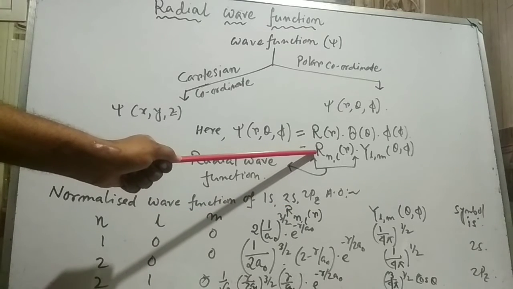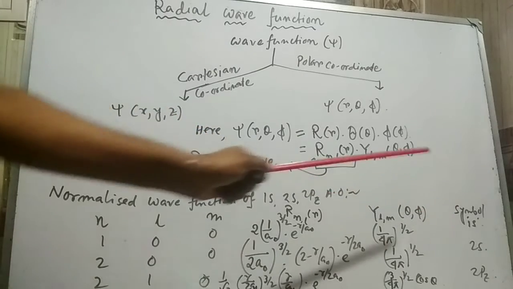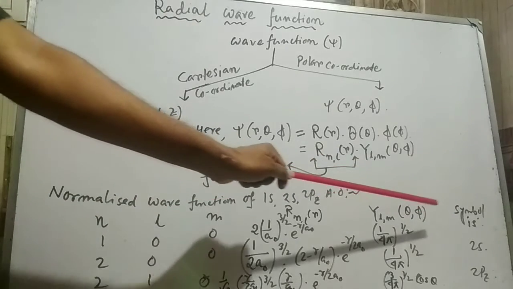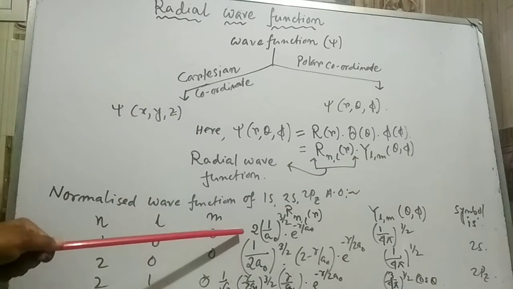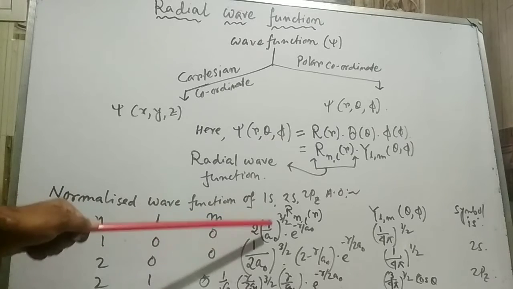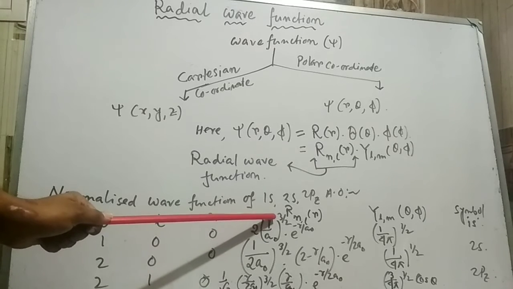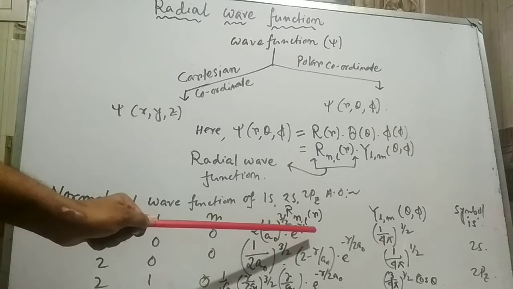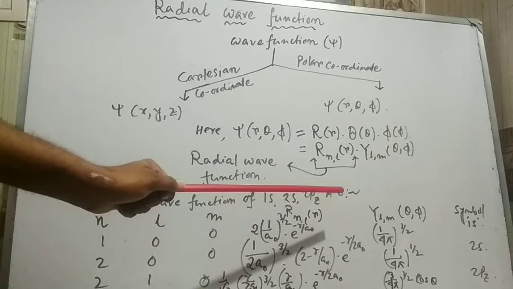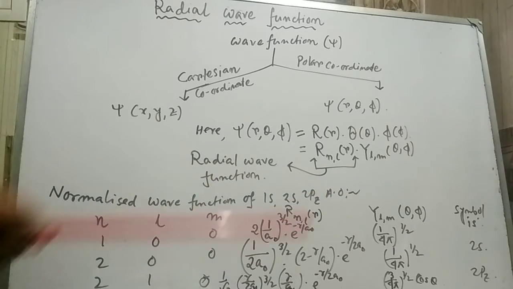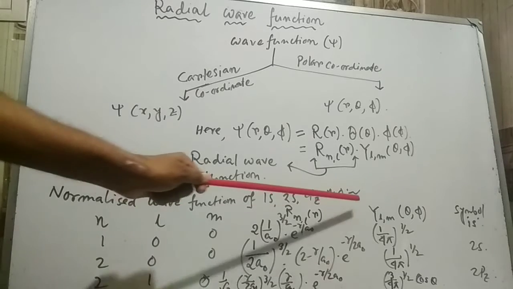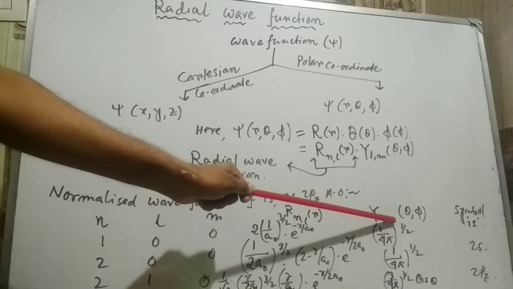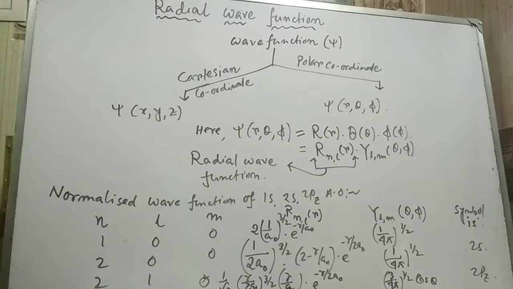What is the value of the radial wave function of the 1s atomic orbital? In the 1s atomic orbital, the radial wave function is 2 (1/a0)^(3/2) e^(-r/a0). And what is the value of the angular wave function of the 1s atomic orbital? (1/4π)^(1/2).